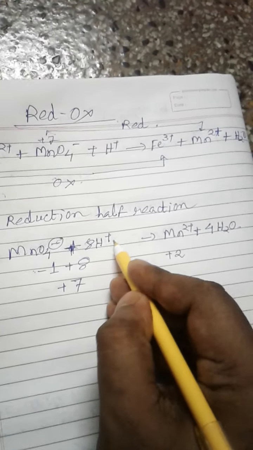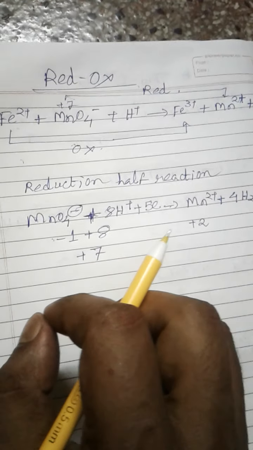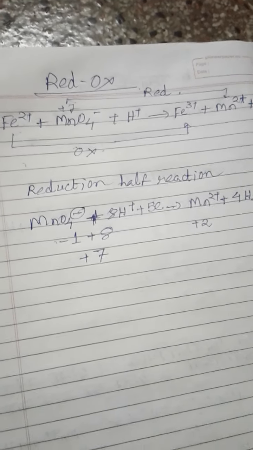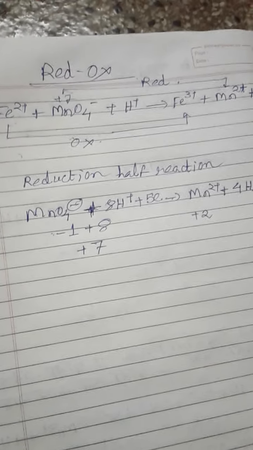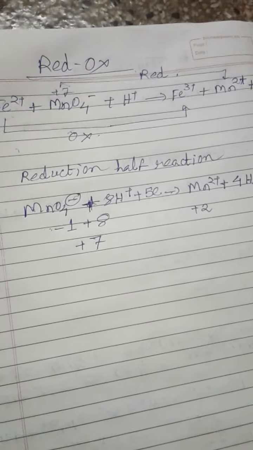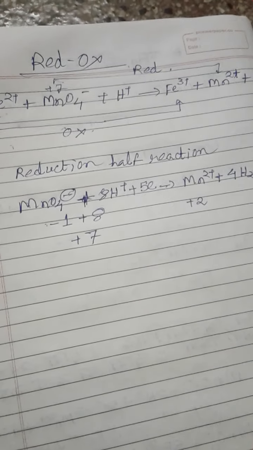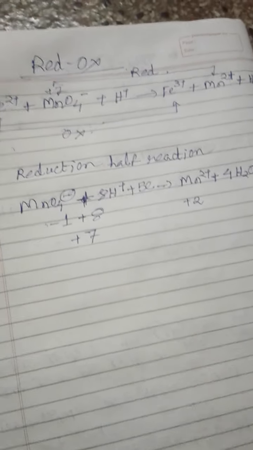So we write 5 electrons on the left side. We must remember that we write the electrons on the side where the oxidation number is higher, and the number of electrons must equal how much higher the oxidation number is than on the other side.